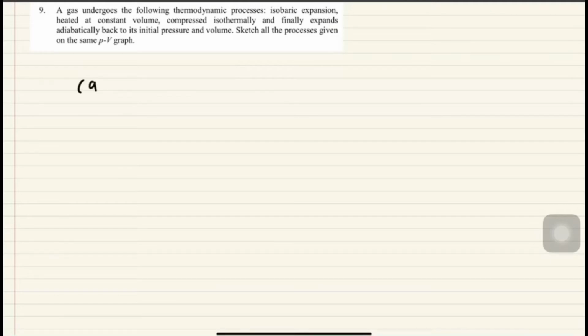Oh, okay. Okay, first of all, we need to label the punya process tu. Contohnya kan, macam process number 1, it is an isobaric expansion.